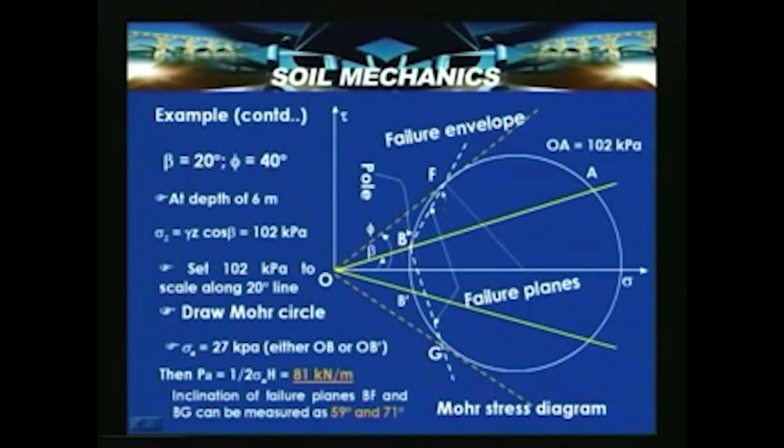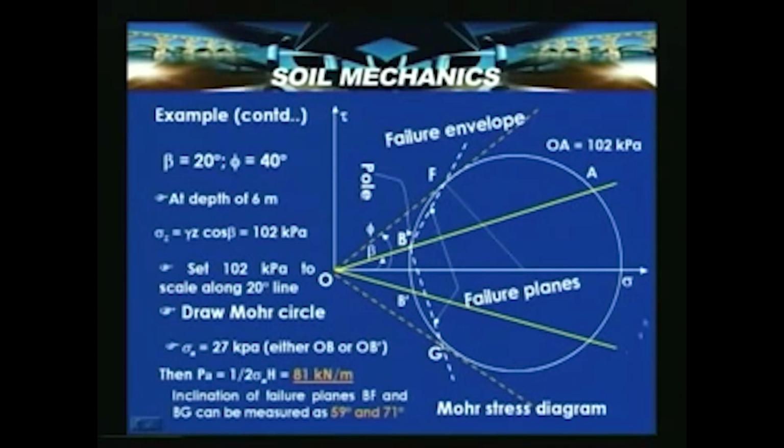From the point where the pole is, if you draw a line to the failure envelope and it cuts at F, the Mohr circle passes through F, A and B, and you can construct the Mohr circle by satisfying these conditions.